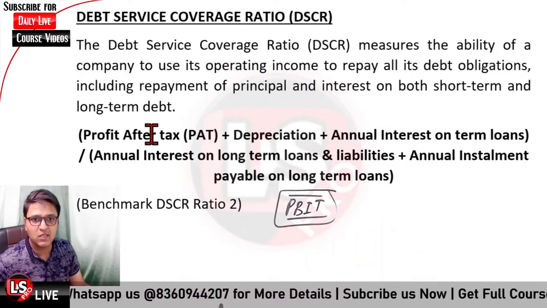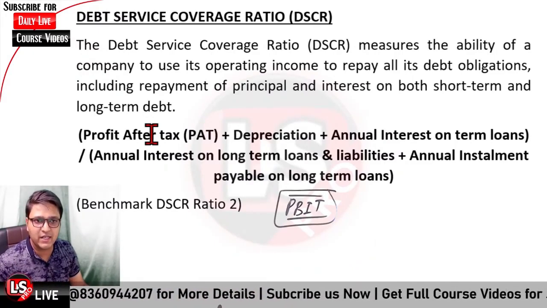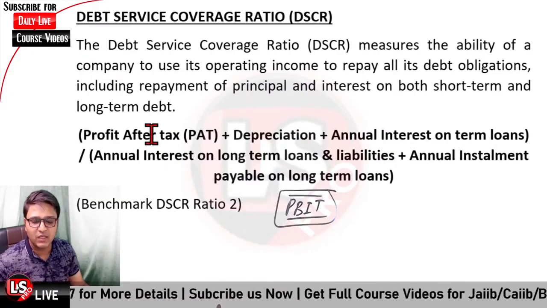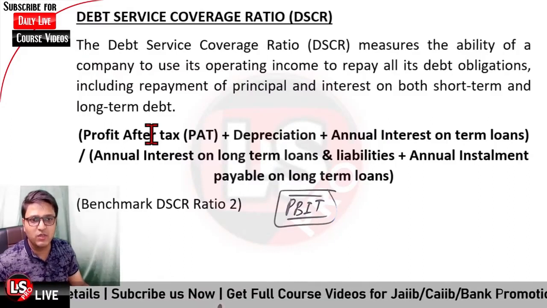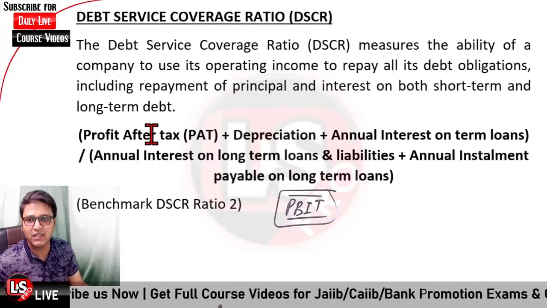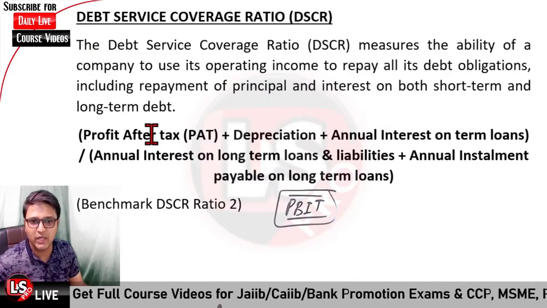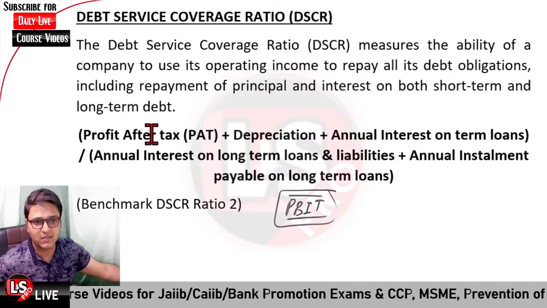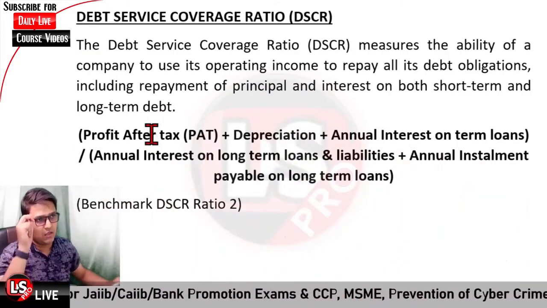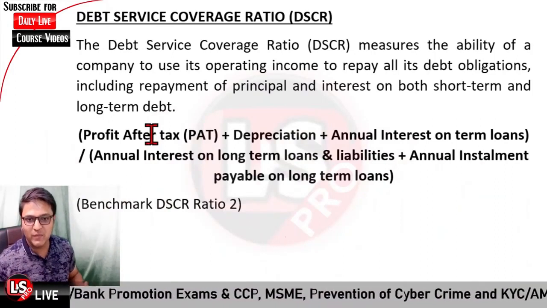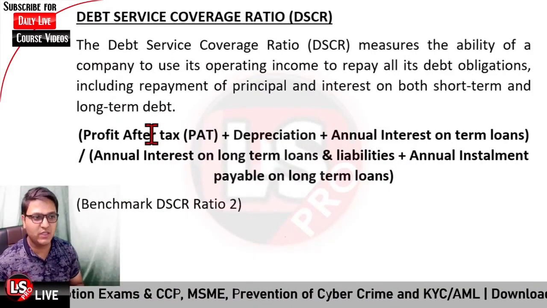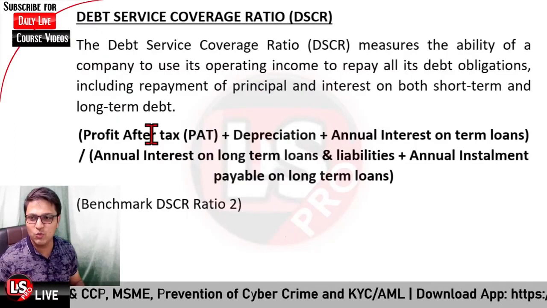In that case, you need not add the interest component. So when we go through the numericals in the next session, you will learn how to use these particular terms.